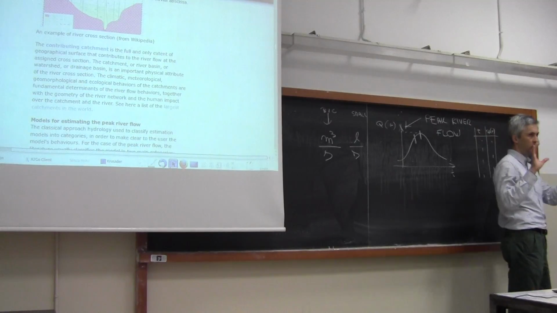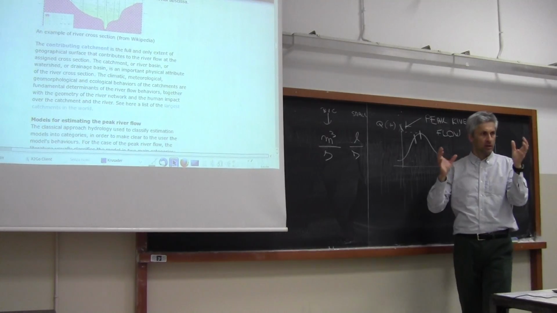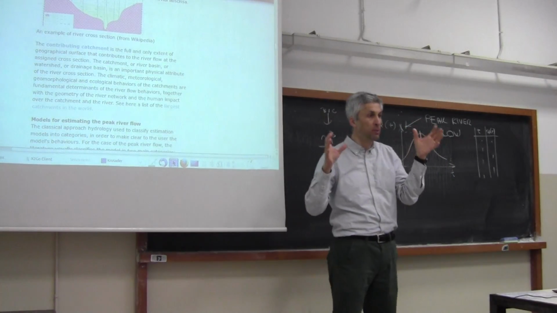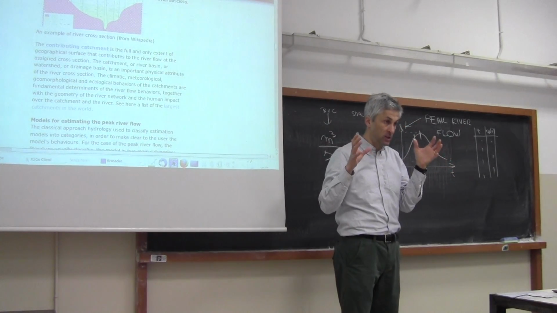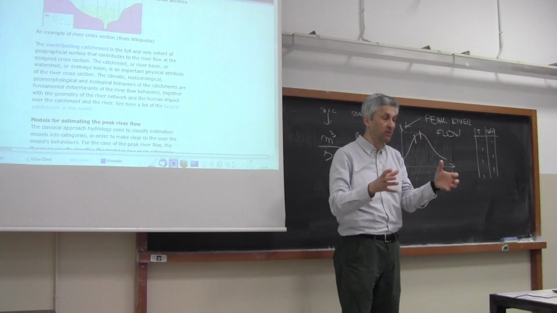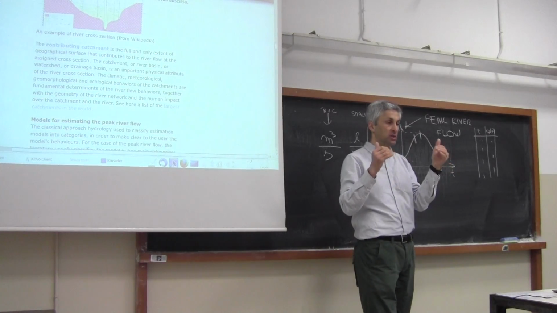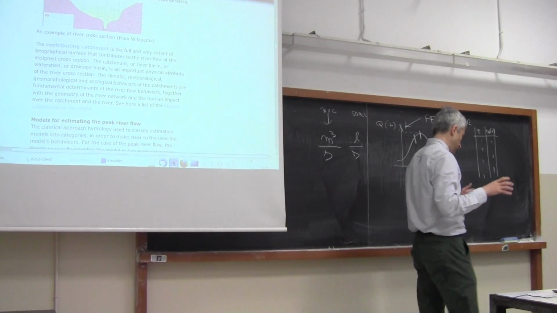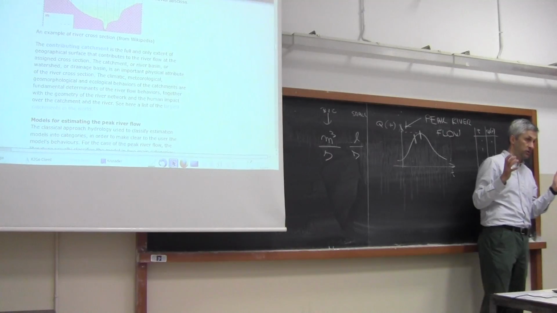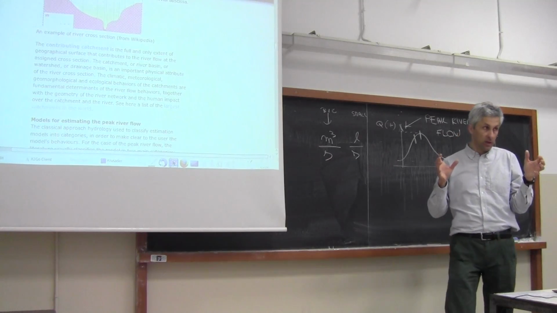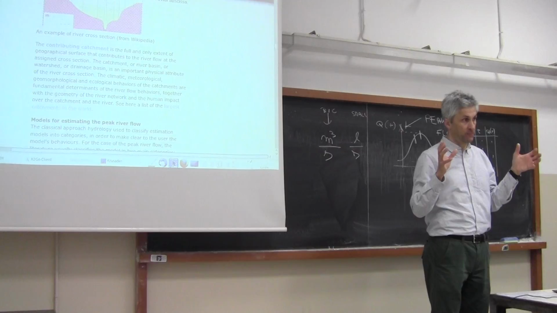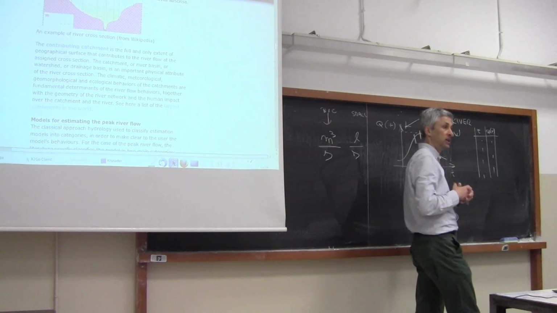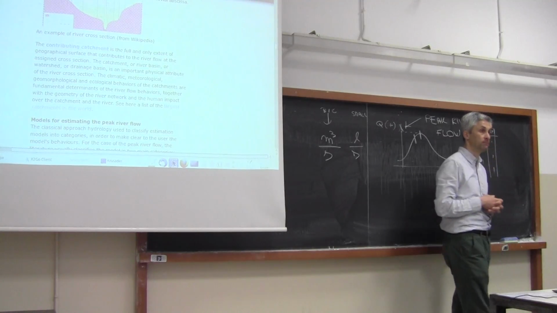It's a portion of geographical surface, and basically it's the entire portion and the only portion of geographical surface that contributes to the river flow in a given cross section. I say again, it's the entire portion and the only portion of geographical surface that contributes to the river flow in a given river cross section.